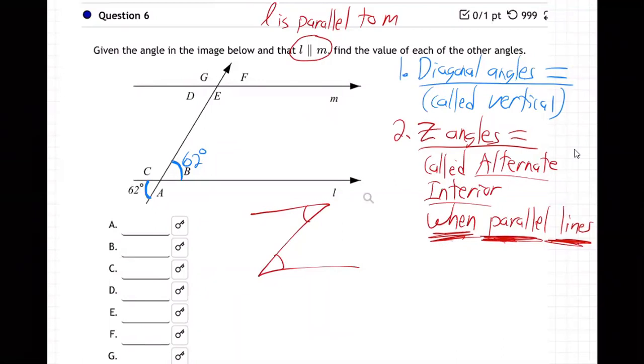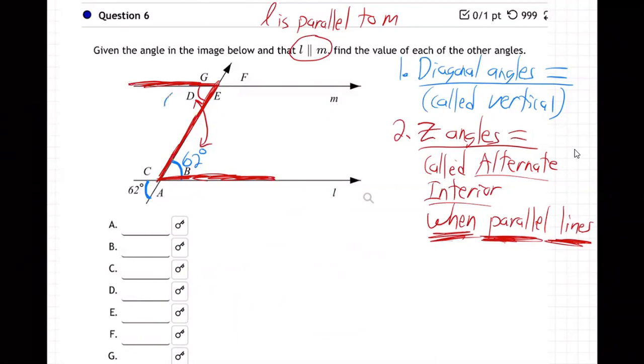So let's see that on the diagrams. I'm going to make the Z right here. There's the Z, and notice the 2 Z angles: this one and that one.